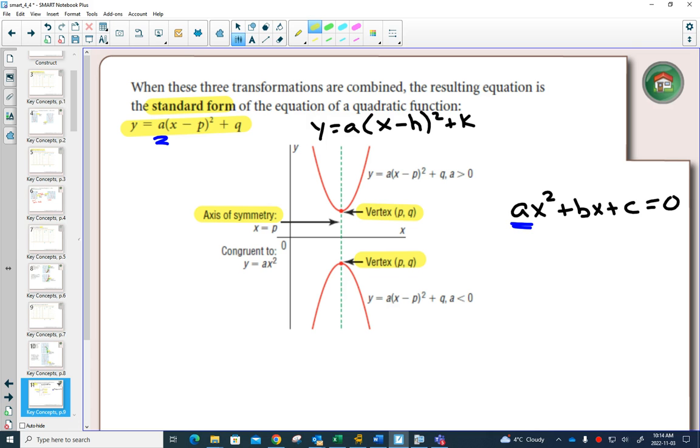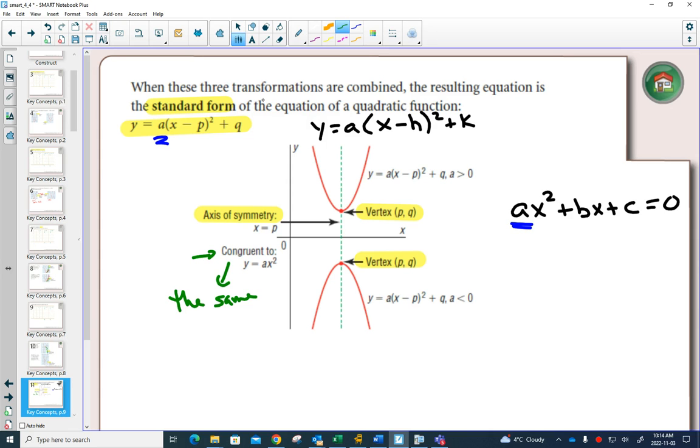Now, congruent means the same. The word congruent means it's the same. And when they're talking about something being congruent, it's the same width, either narrow or wide.